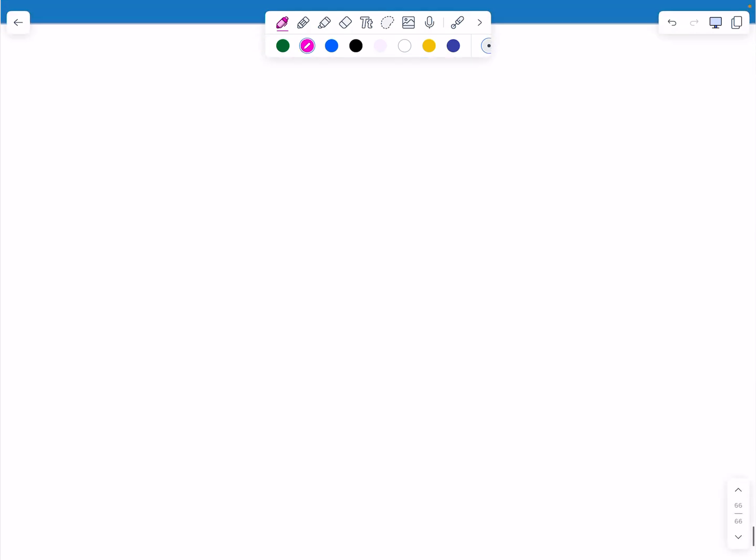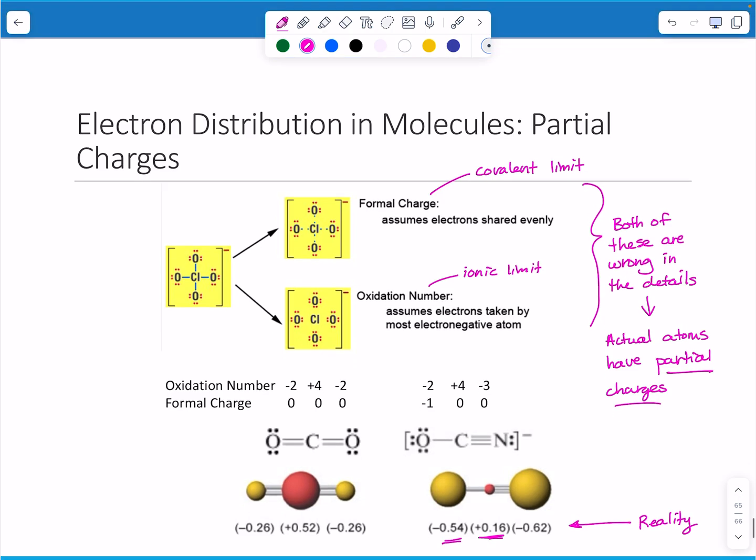So what we're going to do in class on Monday is review some of the stuff that you did in the lab on molecular structure. We're going to be talking about how we take the information in Lewis structures and decide what the shape of a molecule actually is. We're mostly going to be doing a bunch of examples of that and talking a little bit about bonding theory.